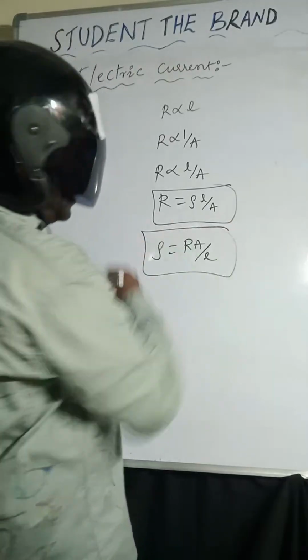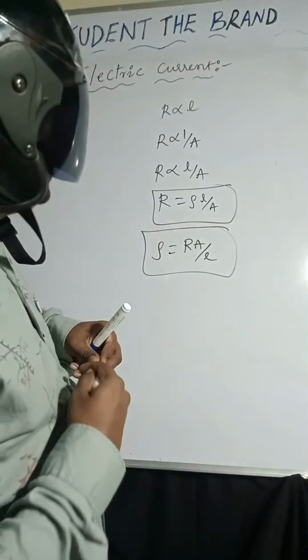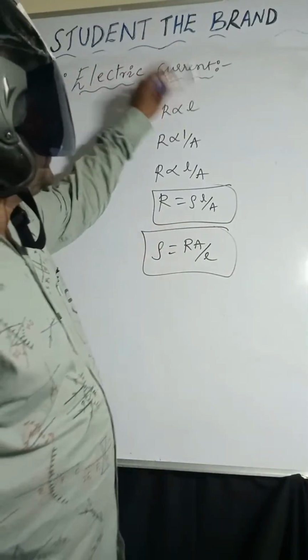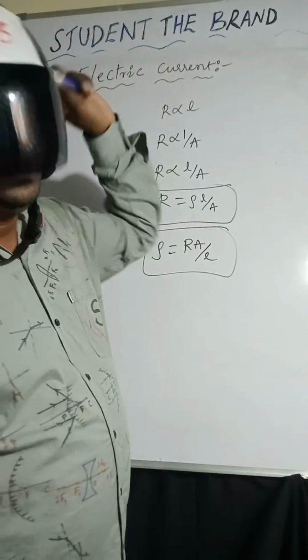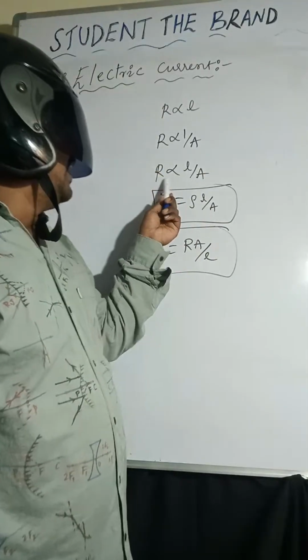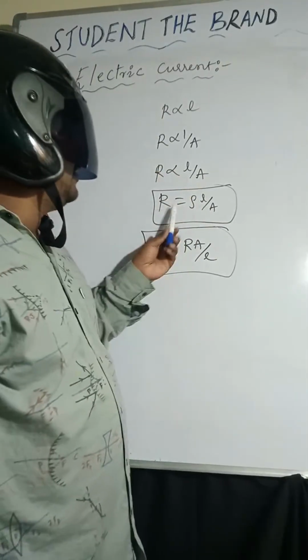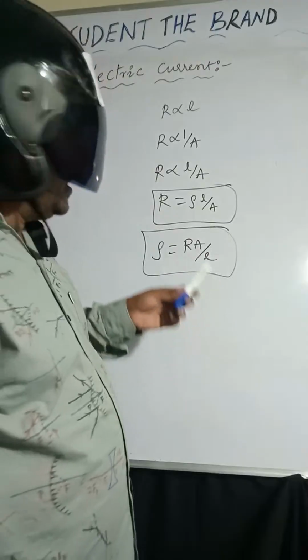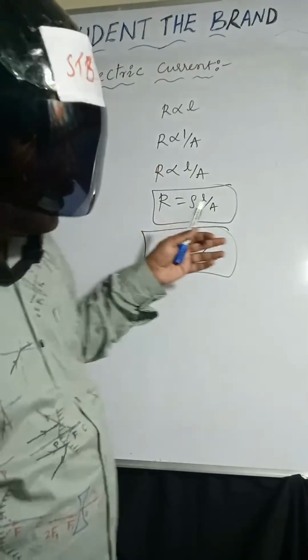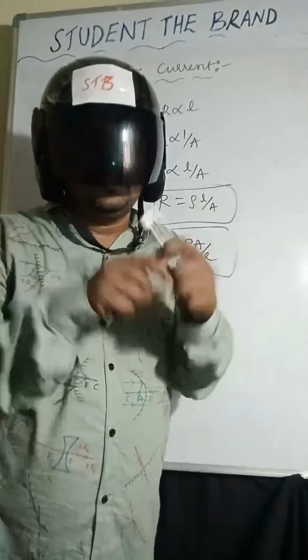Is it clear? Check once here: rho equals RA by L. Best example, take a water pipe.